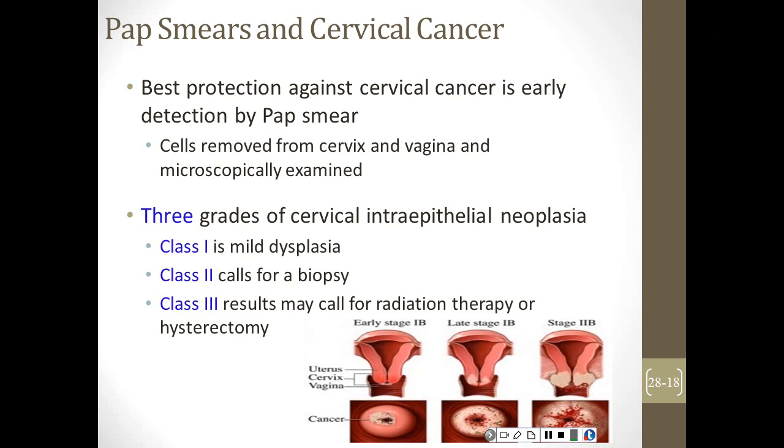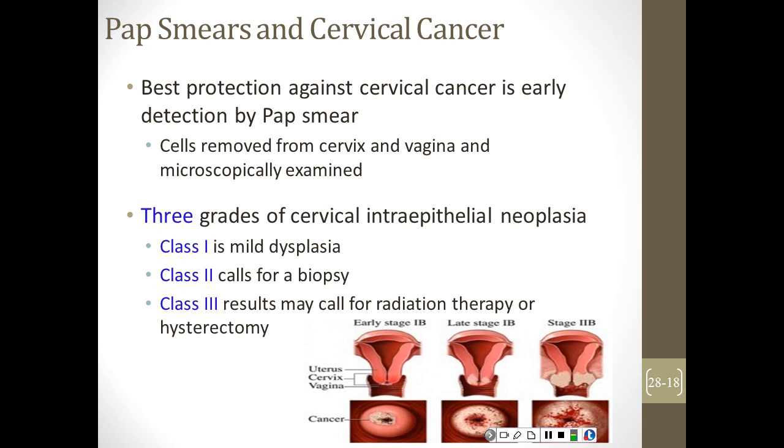Make sure you do not wear any tampons, as well as douching. Those would actually change the results, basically a less accurate result for the Pap smears, as well as make sure you don't go for your Pap smears during your menstrual cycle, which obviously will make sense not to go at that particular time.